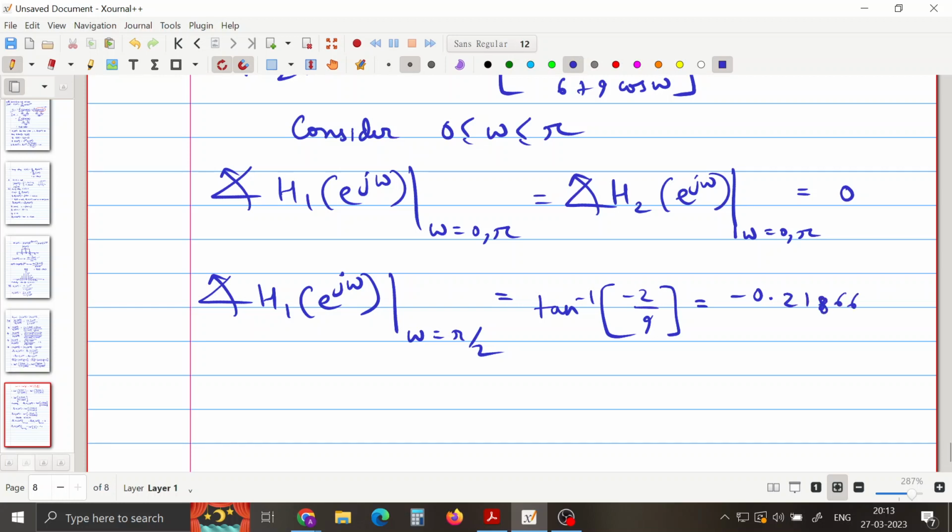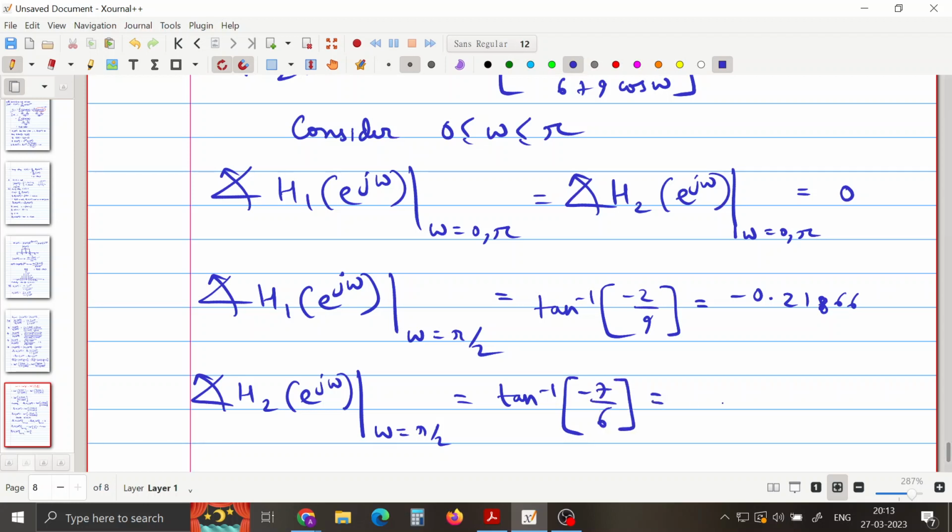Similarly, for H2 at omega equals pi by 2, of course you would need a calculator to find this value, and you will get 0.86217.